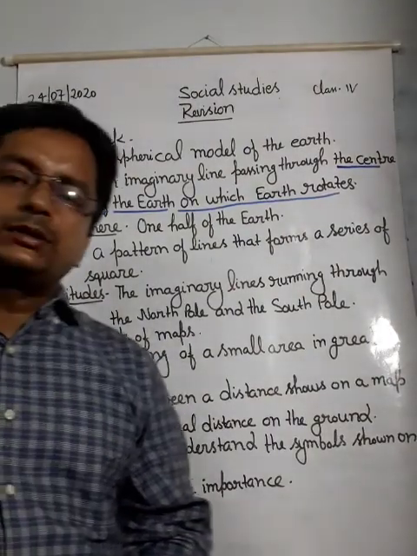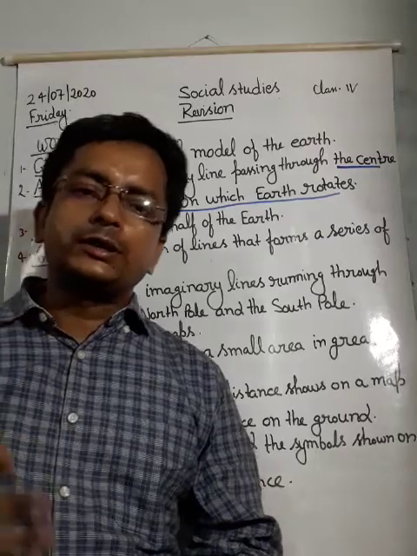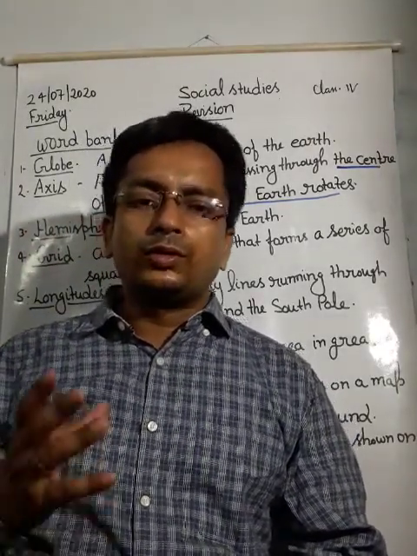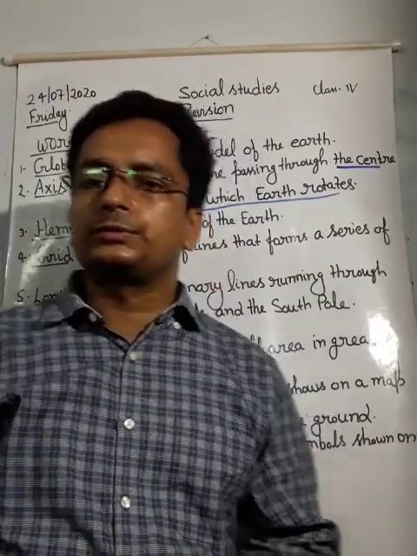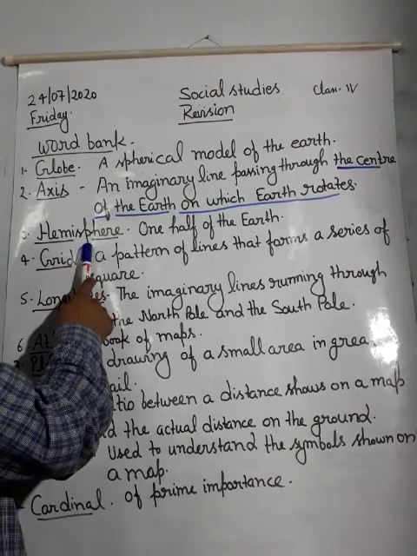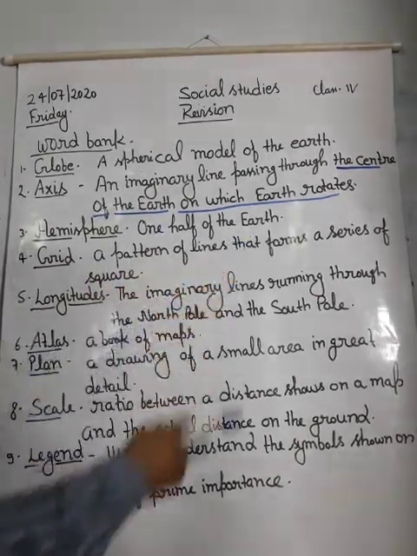You can say into two hemispheres, the northern hemisphere and the southern hemisphere. So here the word hemisphere means one half of the earth.